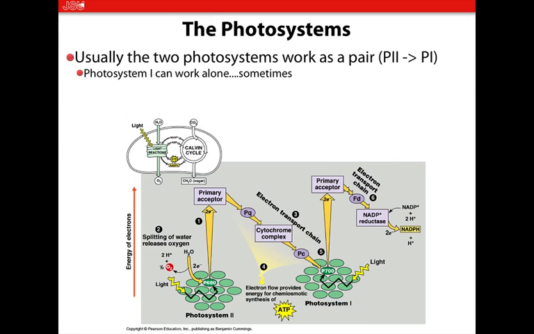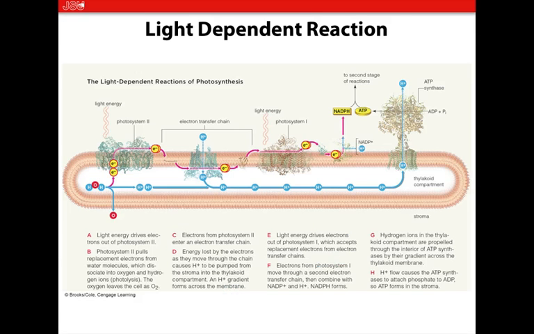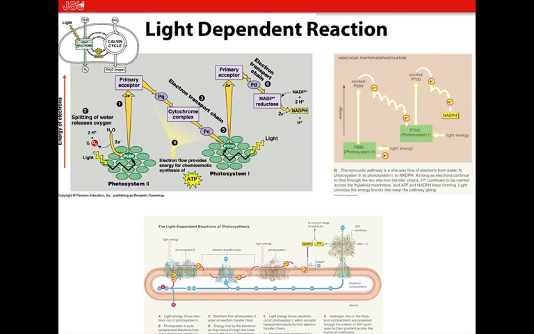Let me go to this picture right here. Do you see this at the bottom? We have photosystem 2, so there are 3 images here. Look at the image on the bottom. It says light-dependent reaction of photosynthesis. Light energy comes in on the left. On the image on the bottom, we have photosystem 2. You see the yellow spheres? Those are electrons.